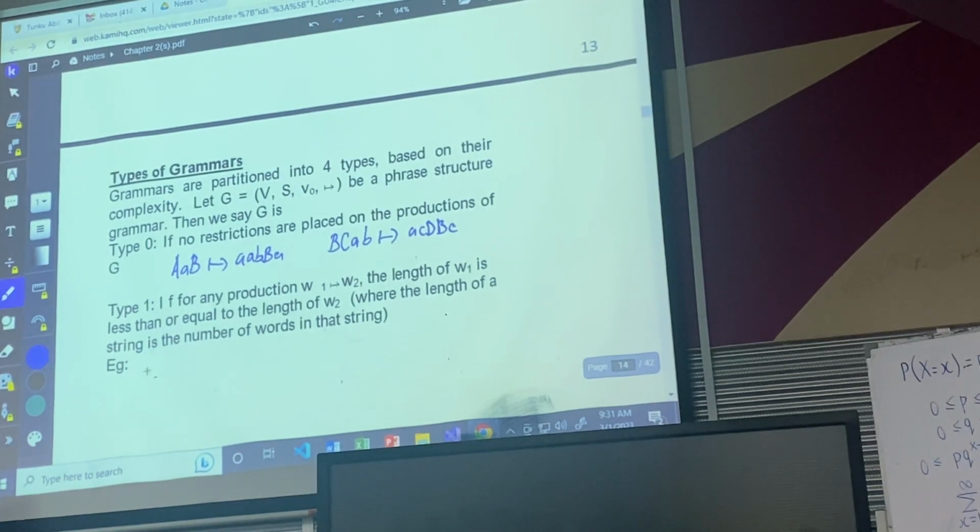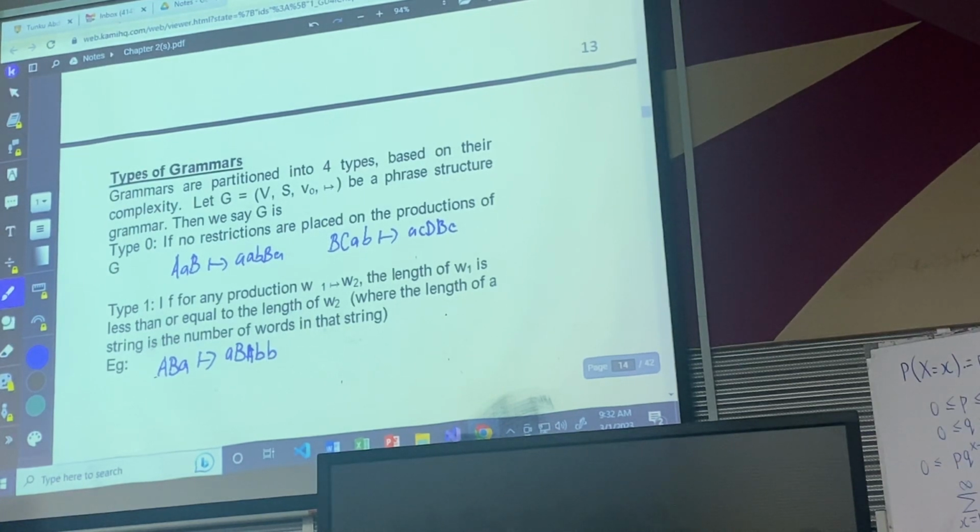For example, if at the left I have A, B, A, a string that is a combination of terminal and non-terminal, when I substitute this, I can write it with A, B, A, B, B. This is also a combination of terminal and non-terminal, but now you can see the string here is longer than the left side.